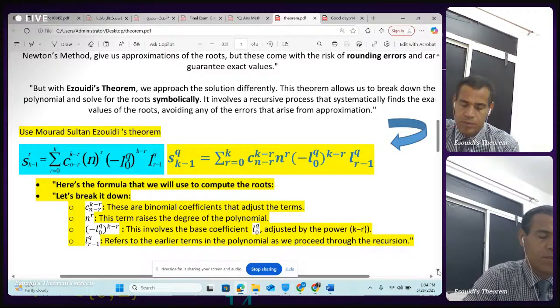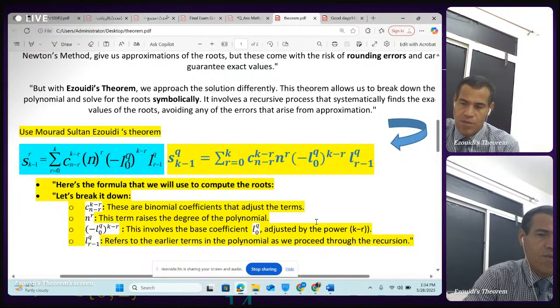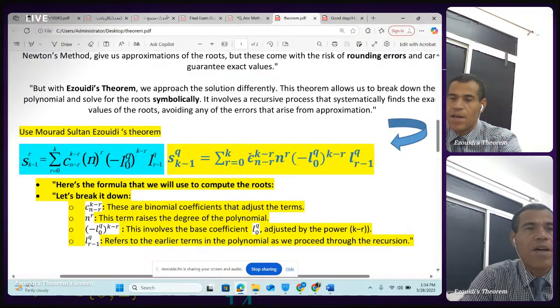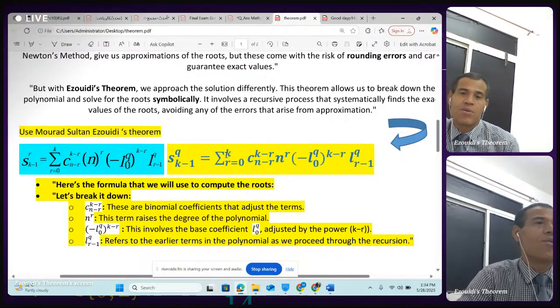So how does it actually do that? The sources mention a key formula, a process. The engine of this seems to be a formula for calculating some intermediate values. And the formula looks like a sum from i equals 0 to k of a complex expression involving the coefficients.